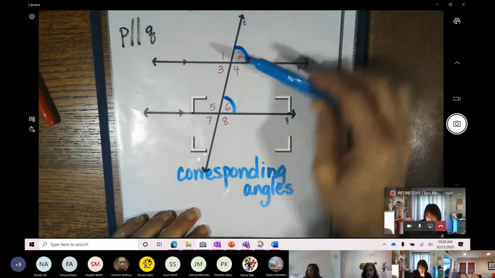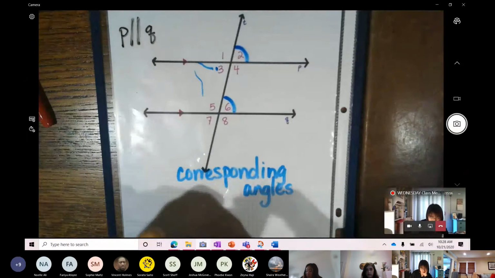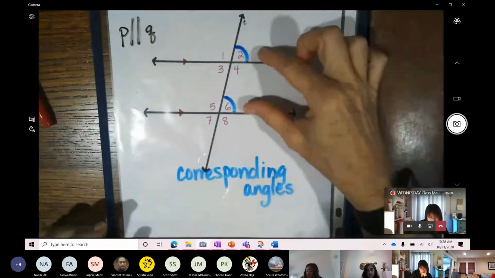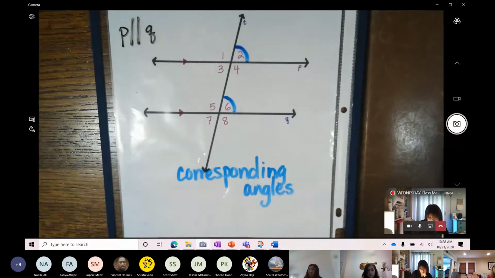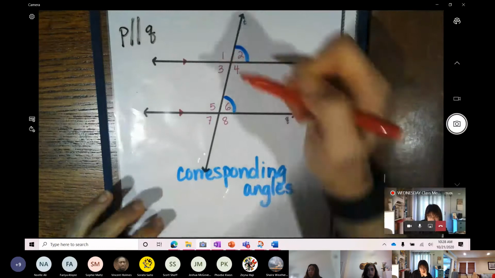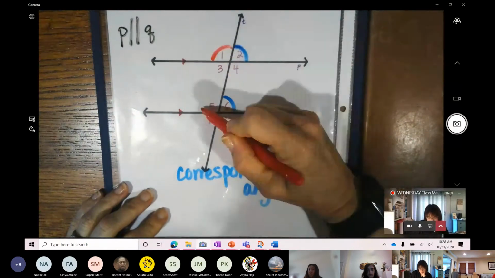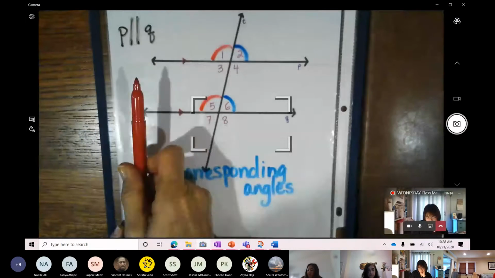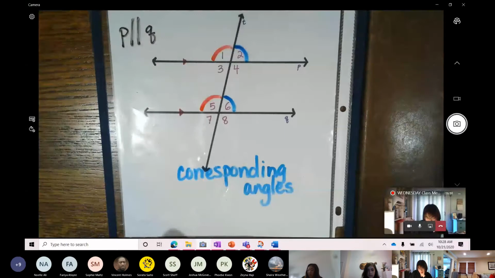So 2 and 6 are to the right of the transversal and also above the parallel lines. Another set of corresponding angles would be, say, on the other side. 1 is corresponding to 5 because they're both to the left of the transversal and above the parallel lines.